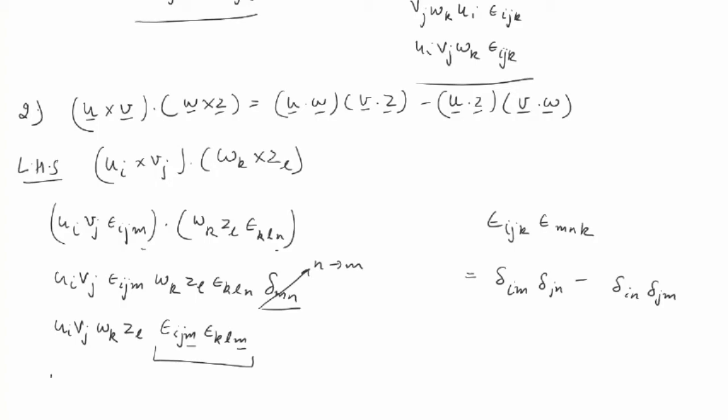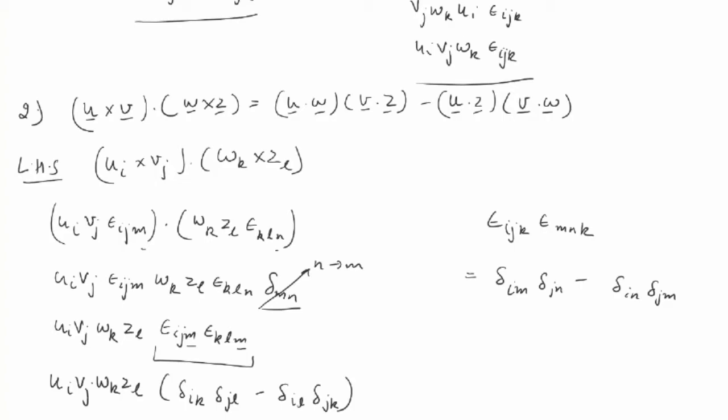So if we do this, this becomes ui vj wk zl times del ik del jl minus del il del jk.